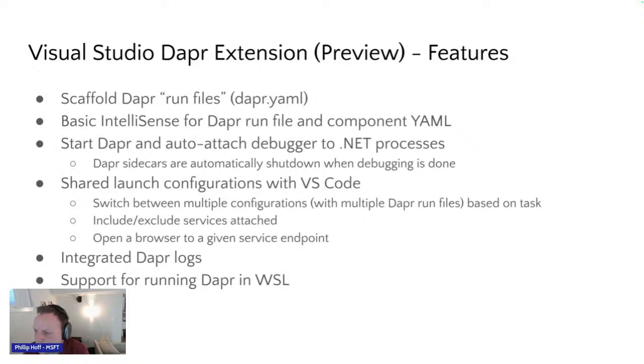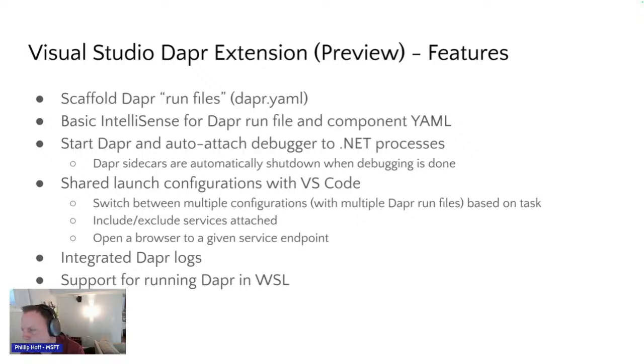One of the things we wanted to do is support multiple launch configurations. Just like with VS Code, where you have separate launch configurations in launch.json, VS will share those exact same launch configurations. So you can have multiple run files that support different subsets of your application services, because maybe it takes too long to spin up a dozen different services when you only need six of them.